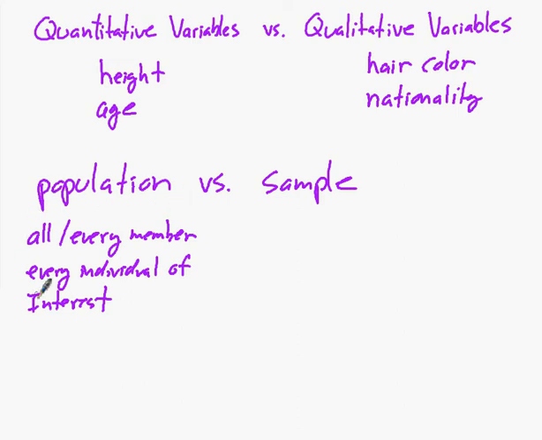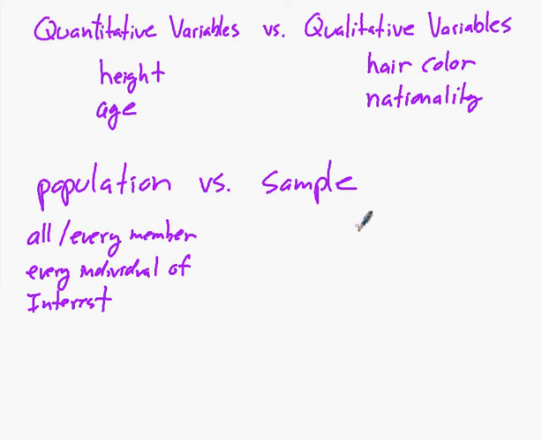Now, sometimes we can measure the entire population. For example, if we talked about the students at the school, we could probably survey every single student and get the entire population. Sometimes you can't. If we are talking about every human on the planet as our population, then it's a little hard to get all of the data.